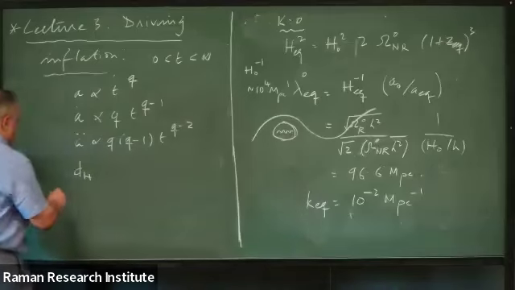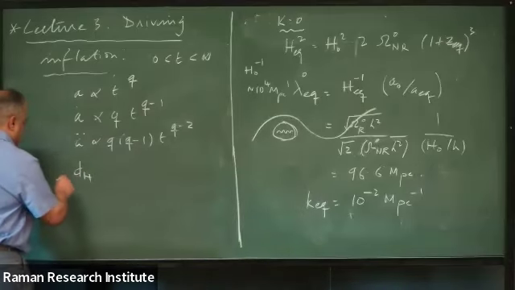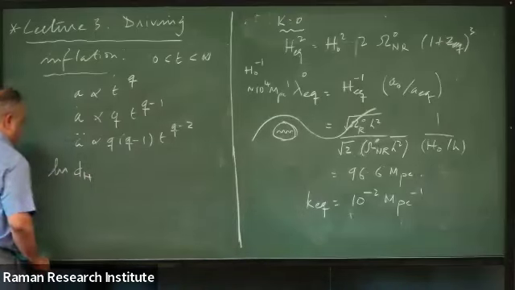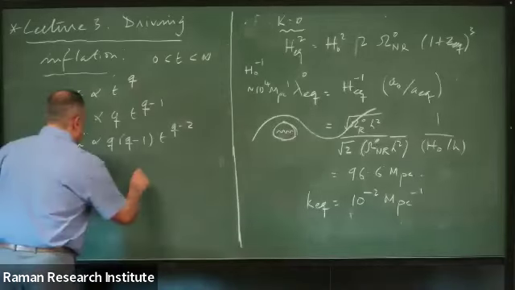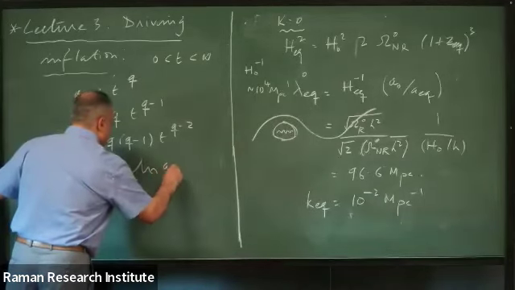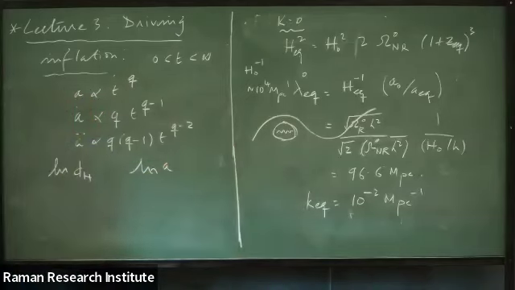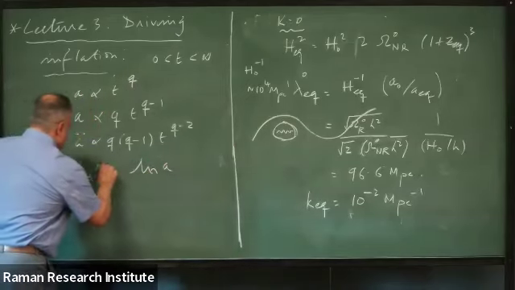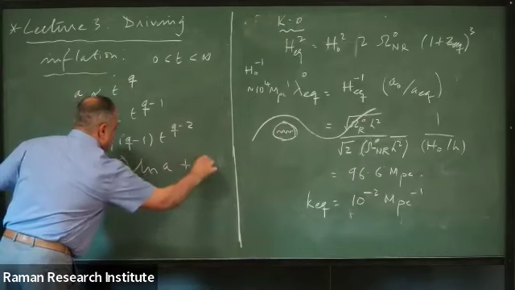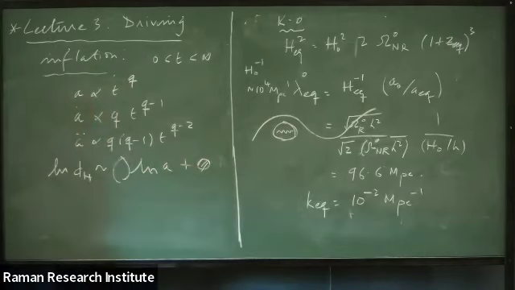Okay, so what will be the slope of log d_H as a function of log a? If I plot log d_H as a function of log a, there may be a y-intercept we are not worried about. What will be the slope? We calculated this. What was the slope? It was 1 over q.